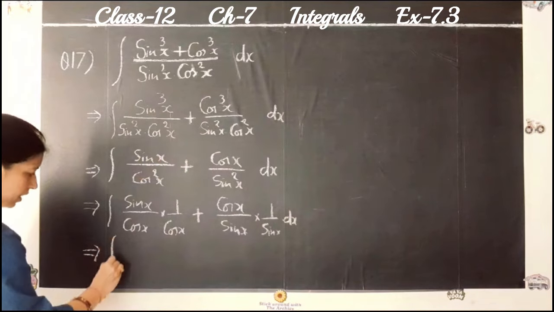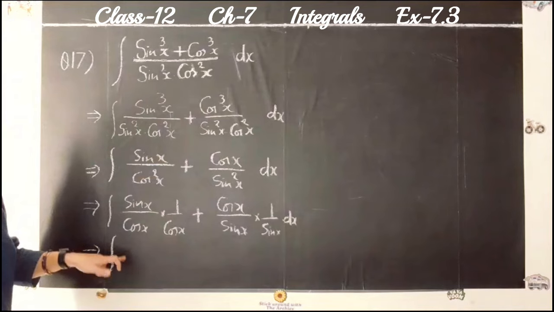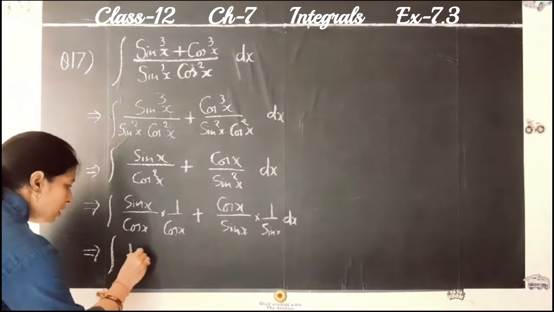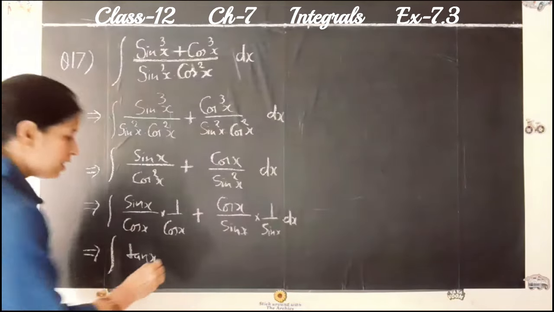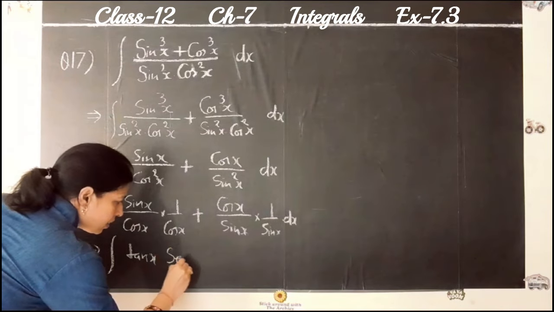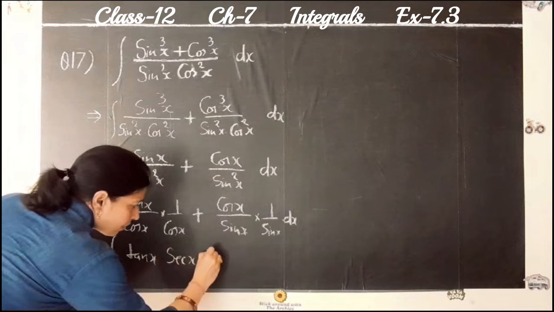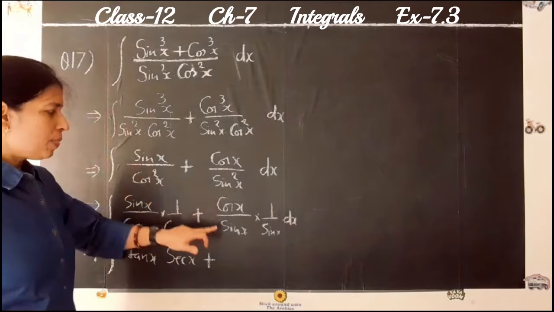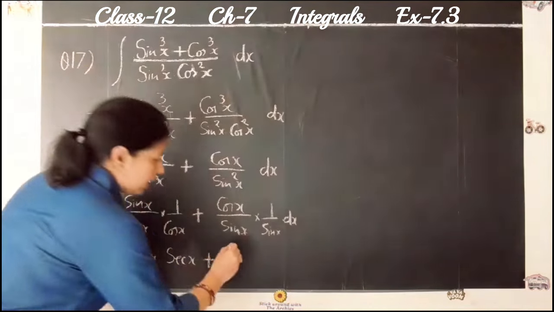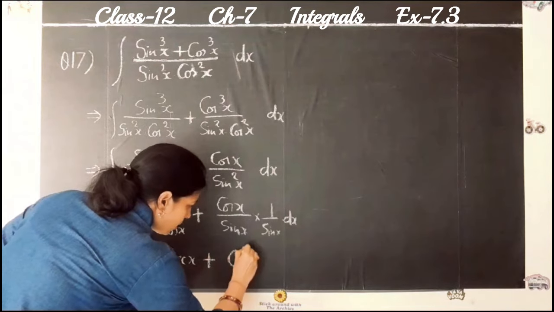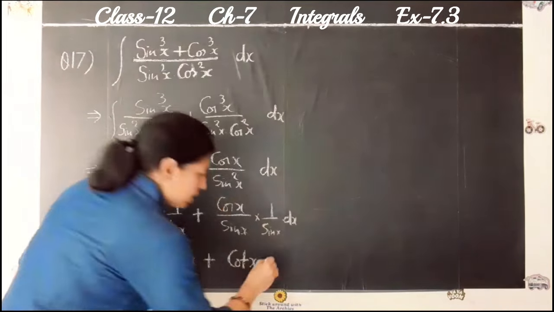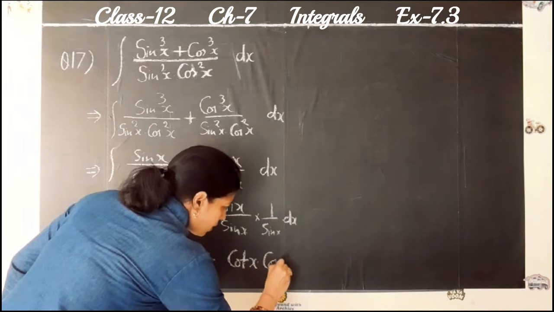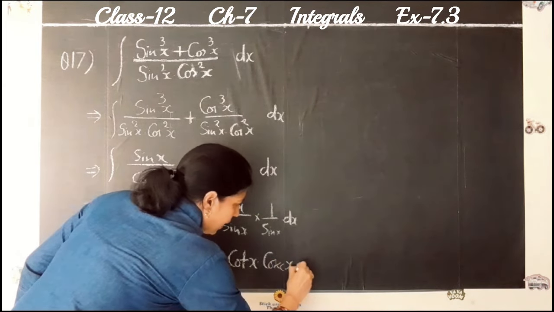Now we can write sin x by cos x is tan x. So it will be tan x and 1 by cos x will be sec x. Plus cos x by sin x will be, yes, cot x. So write cot x. And 1 by sin x is cosec x. So write here cosec x. And write this dx.